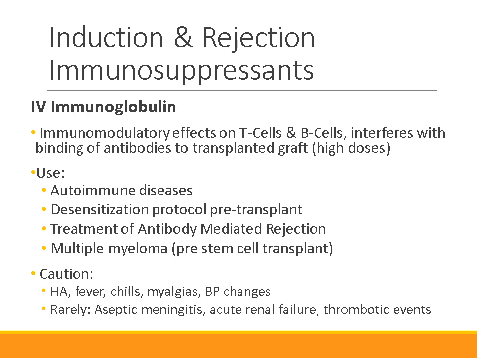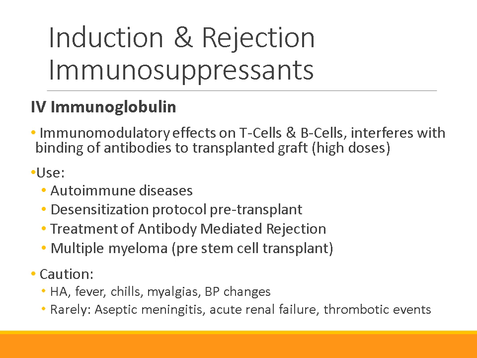You take the various different immunoglobulins that are present in all of these people's blood, and that's given as a combination. IVIG has immunomodulatory effects on both T cells and B cells. It also interferes with the binding of antibodies to the transplanted graft when IVIG is given in high doses.